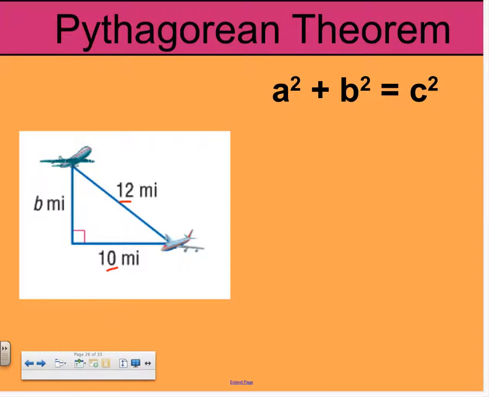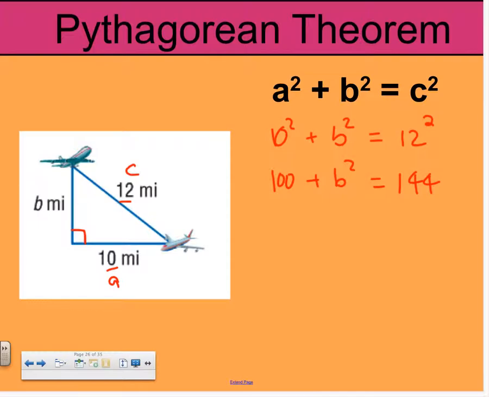Well, we can once again use the Pythagorean theorem because we were able to create a right triangle. Let's assign the values. I know the longest side is C. I already have B, so then 10 must be A. Now I have 10 squared plus B squared equals 12 squared. So I have 100 plus B squared equals 144.